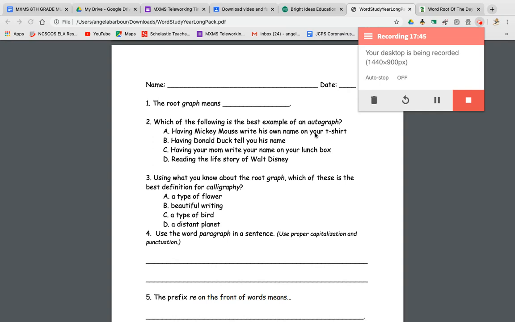So if auto means self and graph means to write, wouldn't that mean that Mickey Mouse is writing his own name on your t-shirt, right? You're wanting the best example of an autograph. You're wanting Mickey to write his own name, right, on your t-shirt.